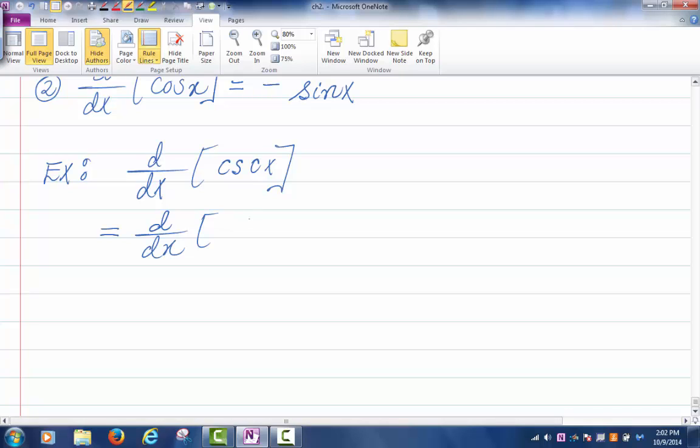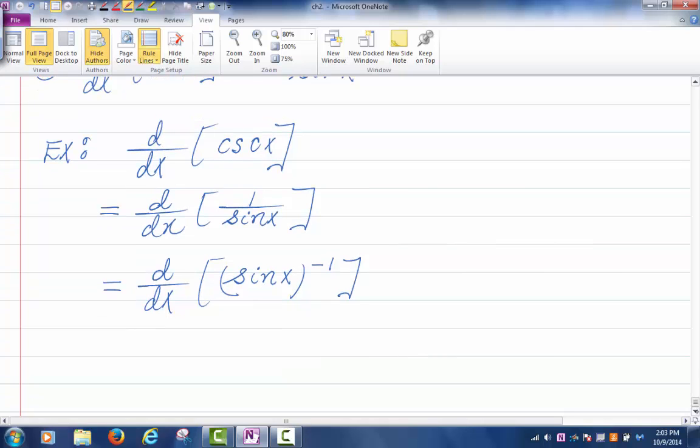So this would be 1 over sine. How can I come up with the derivative now? I can apply the quotient rule. But instead of using the quotient rule, because we have already talked about the chain rule, I am going to say that this is the function sine x to the exponent what? Negative 1.